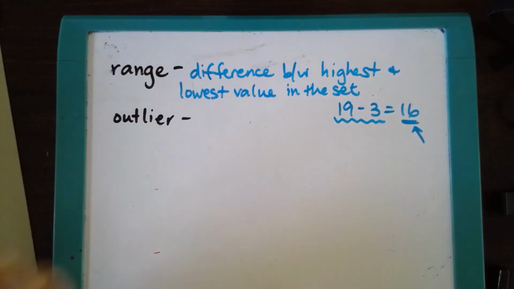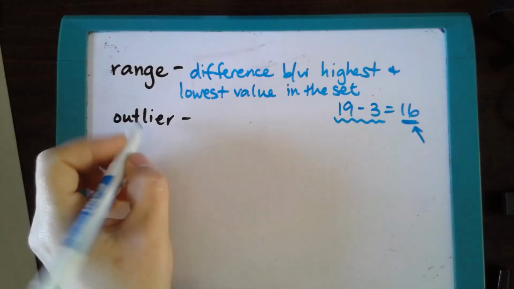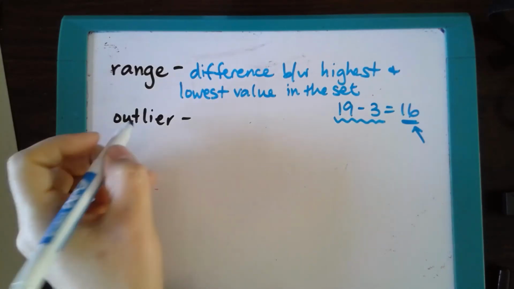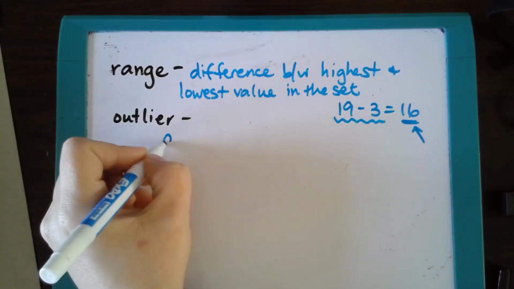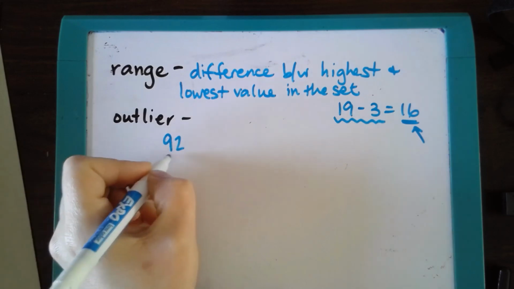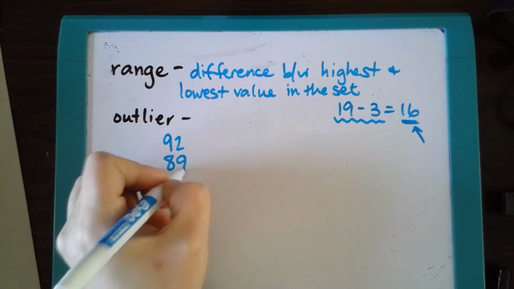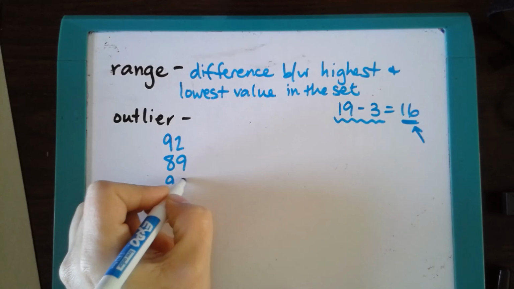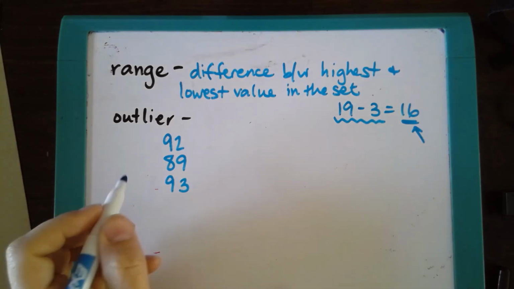So if we look at somebody's report card marks, let's say they had a 92 in one class, an 89 in another class, maybe a 93 in a third class.